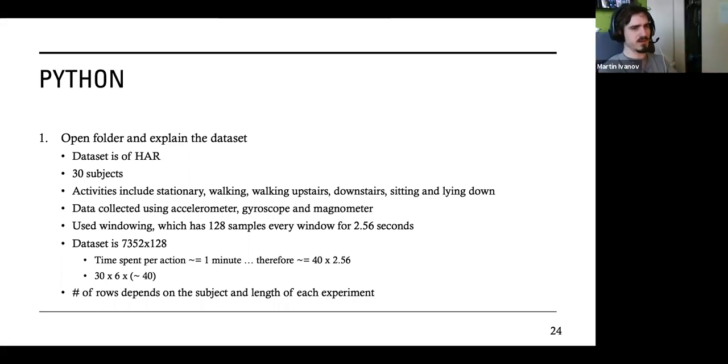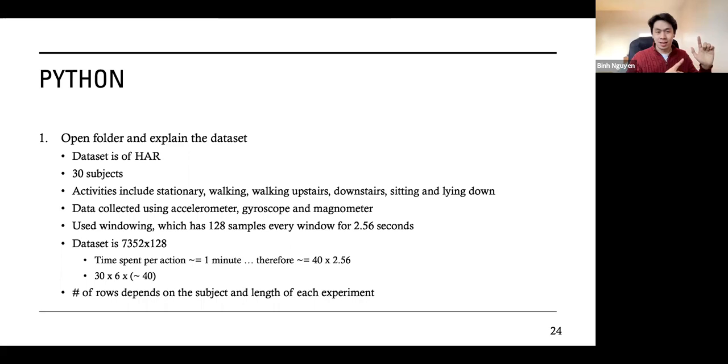Sitting, lying down, and standing are the three static ones, and walking upstairs and walking downstairs are the dynamic ones. So those are the 6 labels that you want to be able to classify.